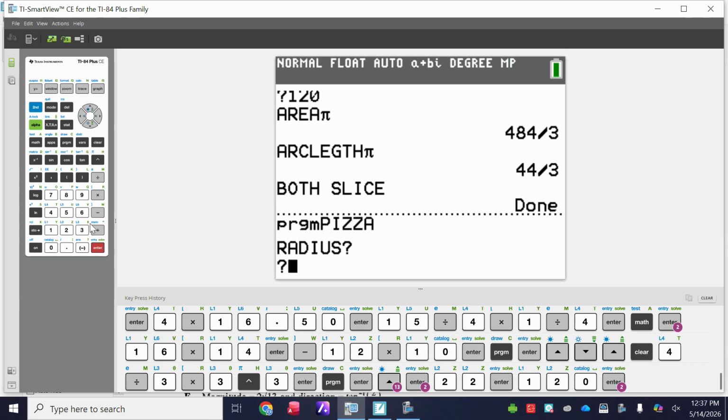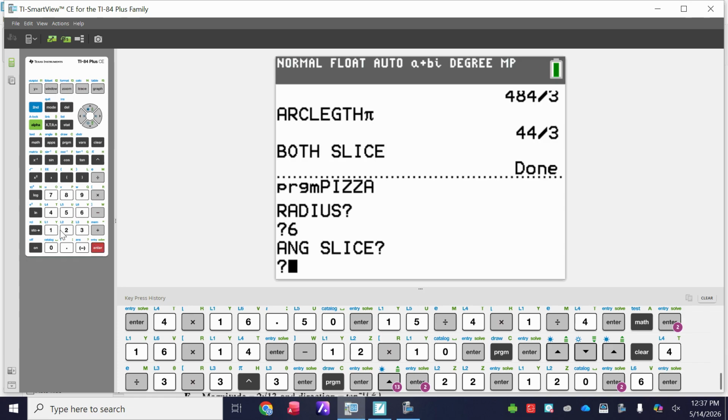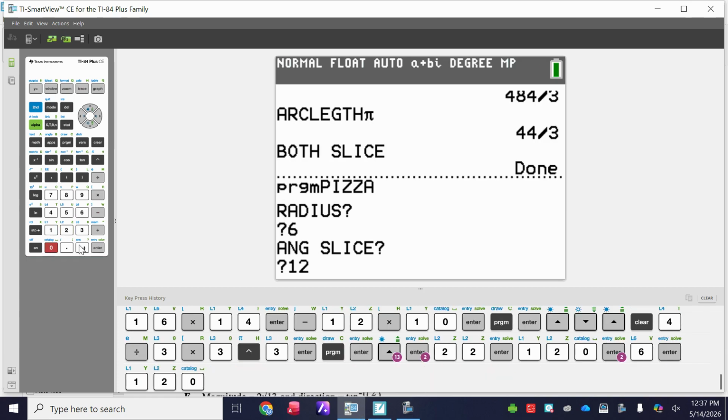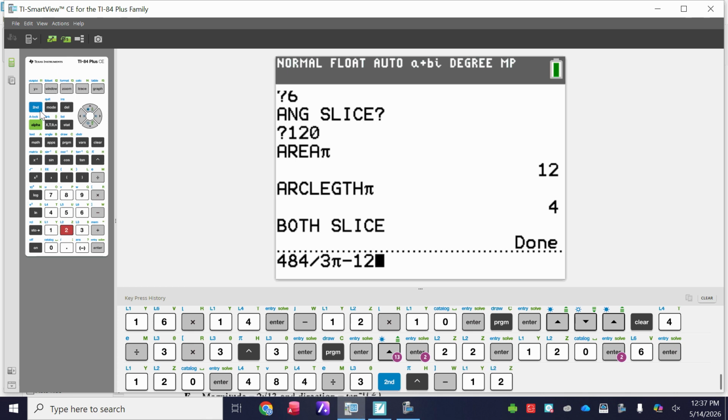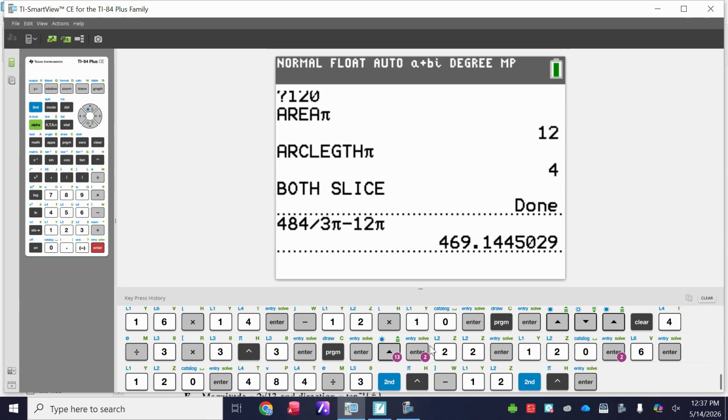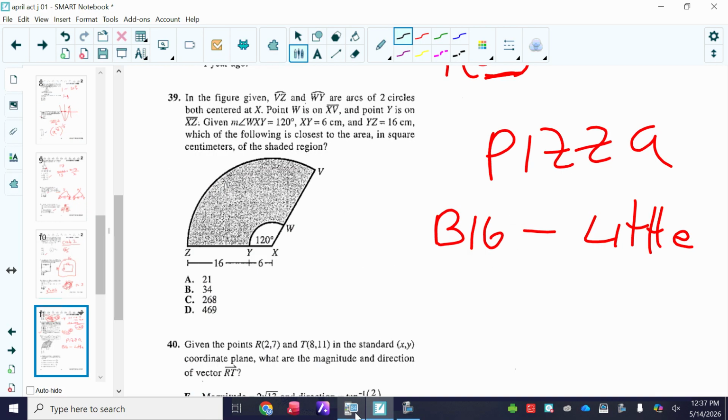Hit enter, and the small one is a 6, which is going to be 12 pi. So it's 484 over 3 pi is the big piece, minus 12 pi is the little piece, and now say your prayers that 469 is on there. Yes.